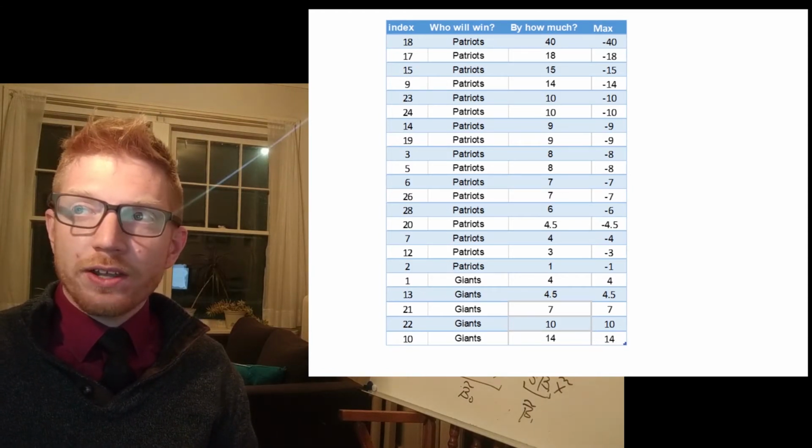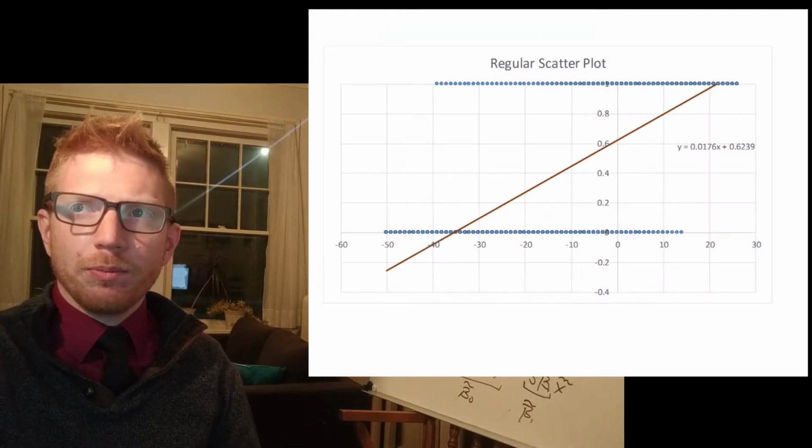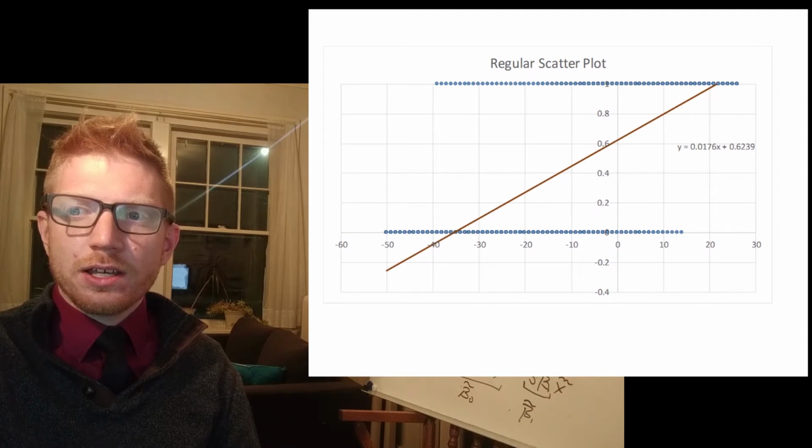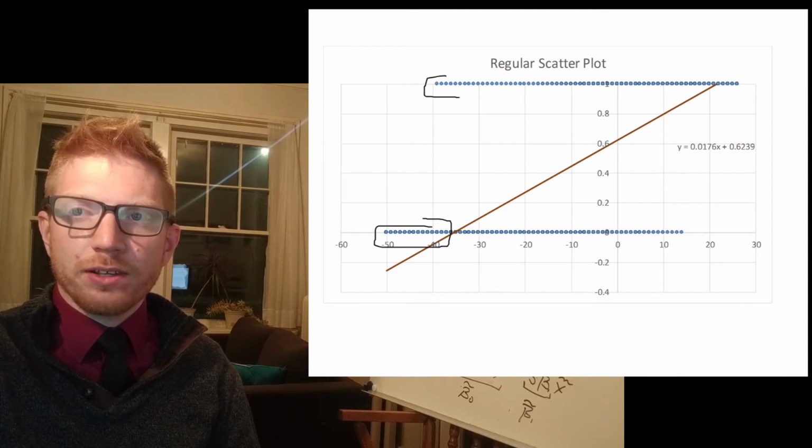Now let's look here at a scatter plot. This is just a regular scatter plot. It's fairly useless. What we can see is it's hard to tell. These all look like they are one single individual. It looks like there are just as many up top here as there are down below.